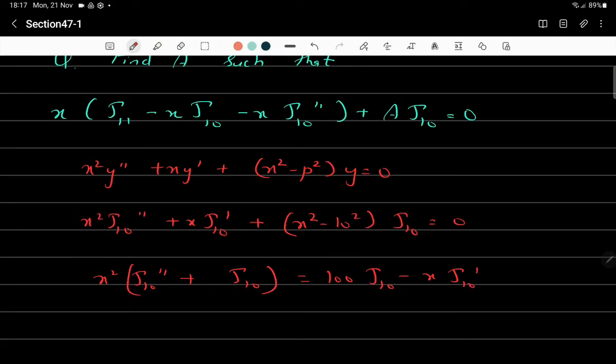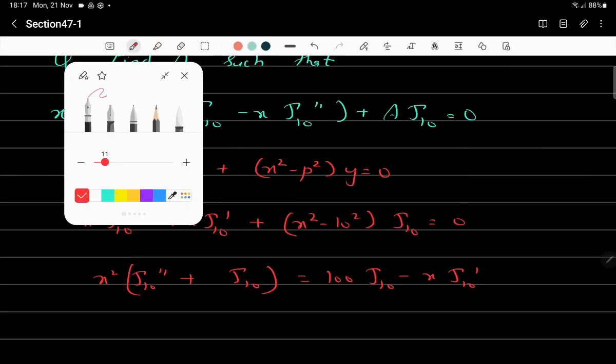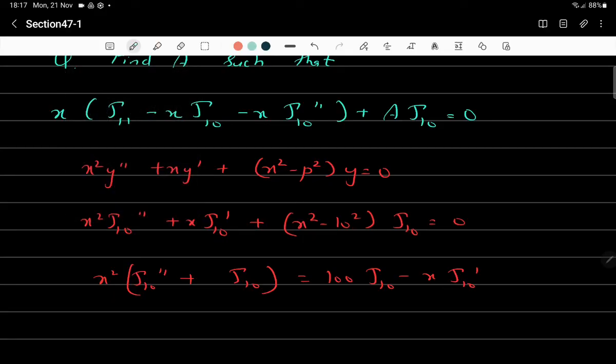Now if I see the given equation and simplify it, then I have x square J10 double dash plus J10 is equal to a J10 plus x J11.